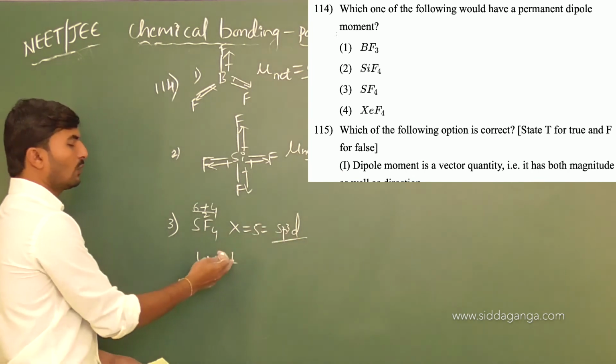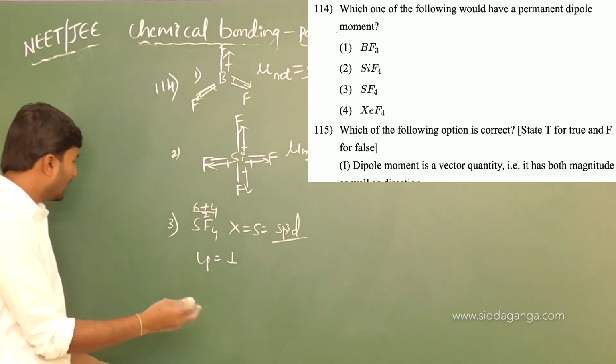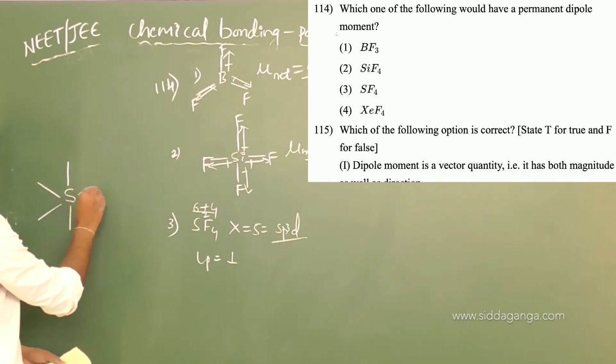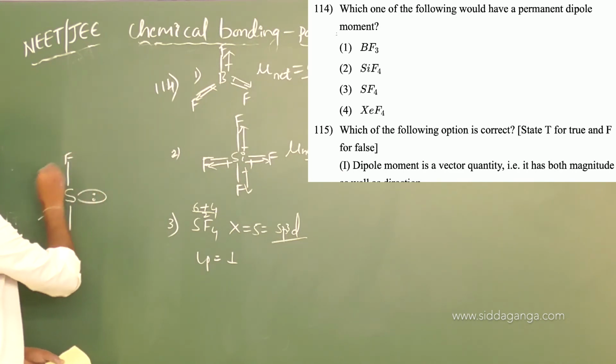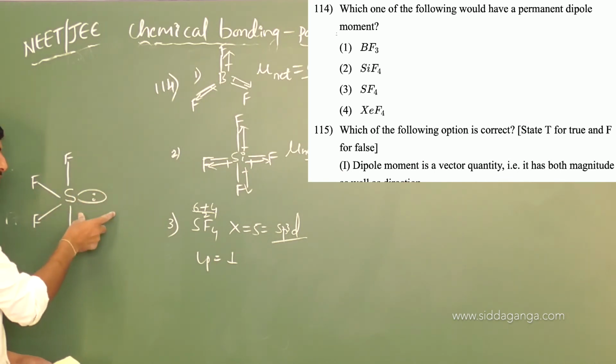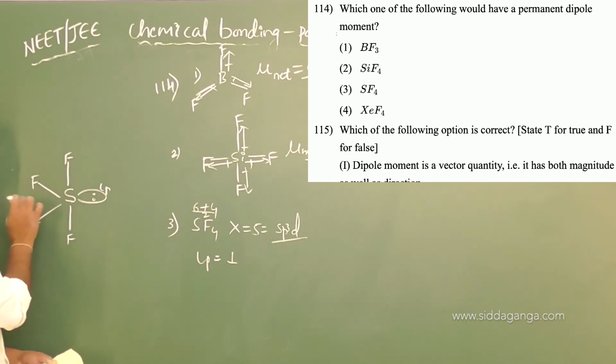sp3d with a single lone pair, what shape do we get? A seesaw shape. Remember? That is the seesaw shaped. Here the dipole moment of this lone pair is different from these bond dipoles.